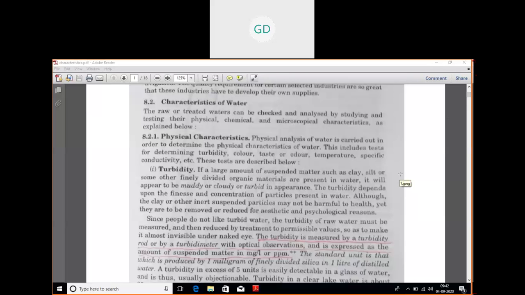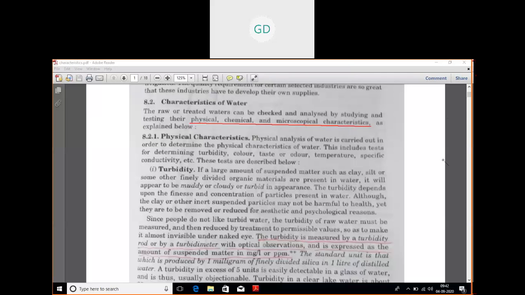So there are three characteristics of water: the physical, chemical, and microscopical characteristics.